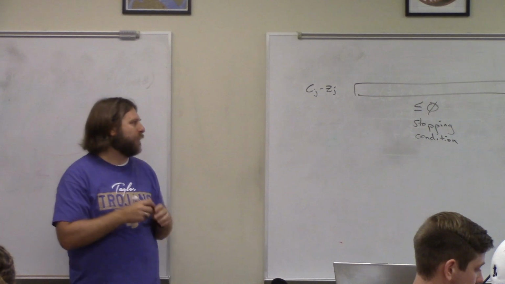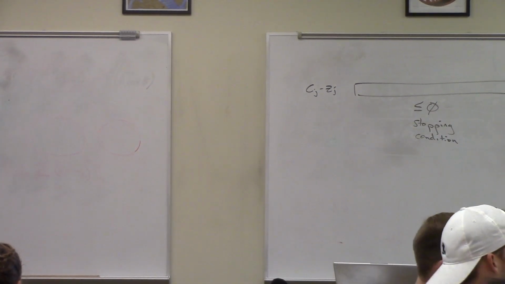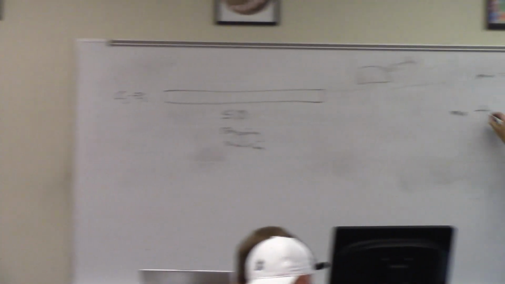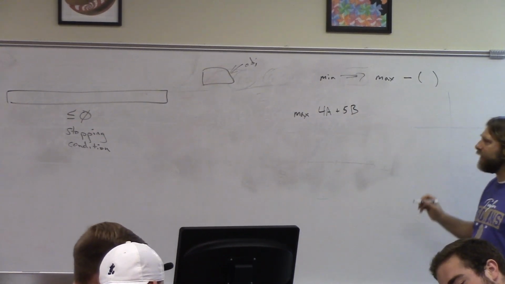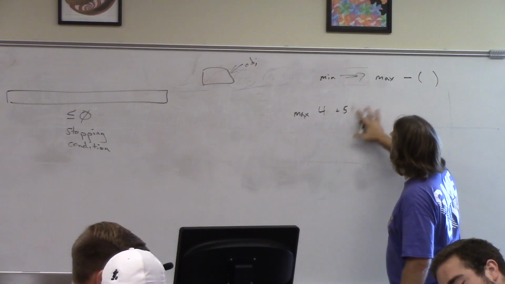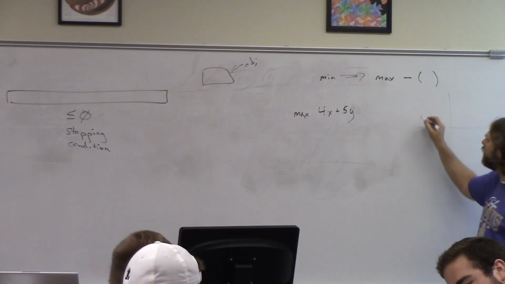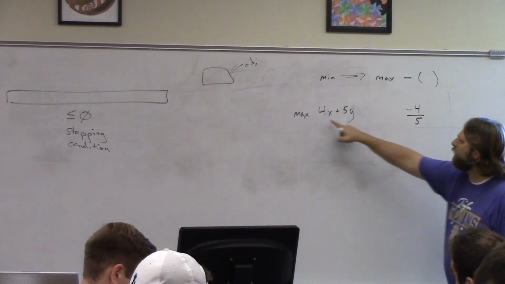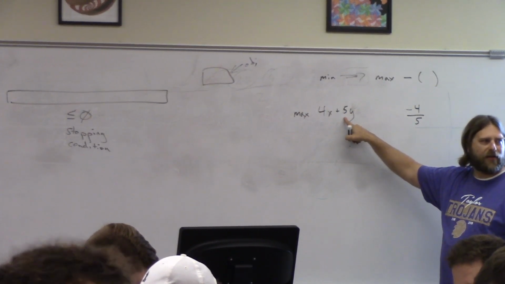So you just remember we had something like, if we had an objective function, so let's say we maximize 4x plus 5y. The slope of this objective function is negative 4 over 5 because we did negative the x over the y value right here.